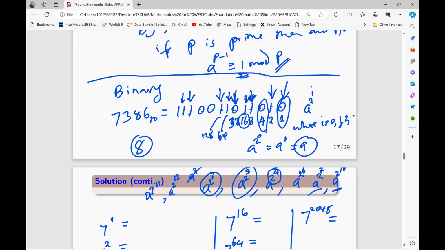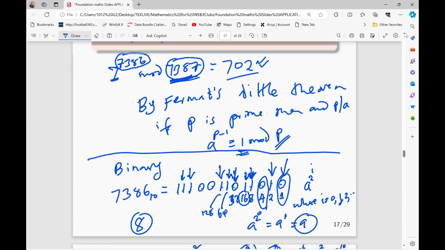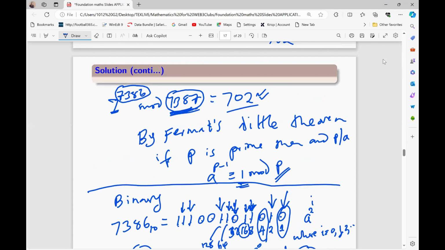Then 2 raised to 12 is the last one, 4096. So these are the only ones which are required to do this question. And we are doing it mod 7387.